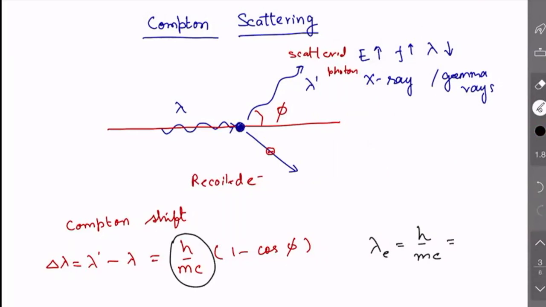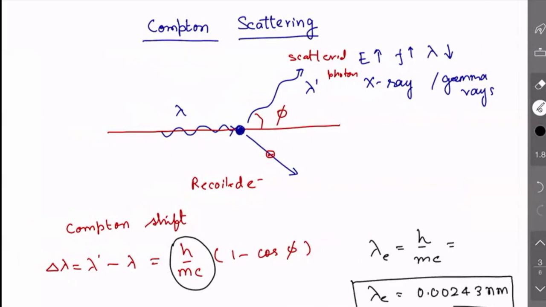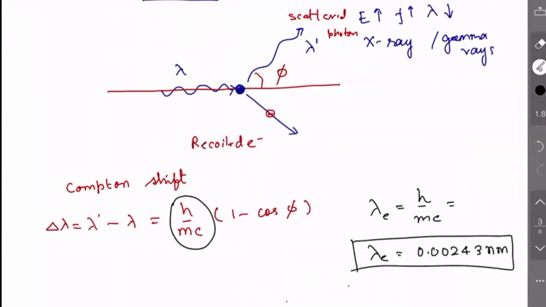So this value comes out to be 0.00243 nanometer. If you remember this, your calculations will become very rapid. This is the Compton wavelength for the electron.